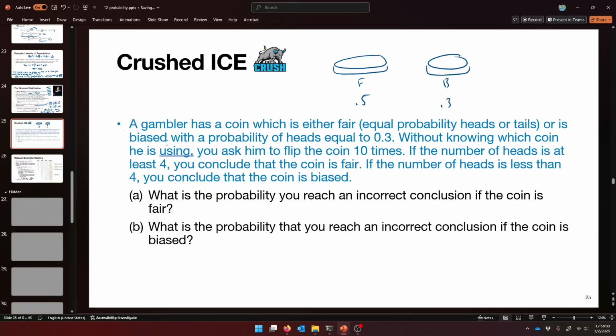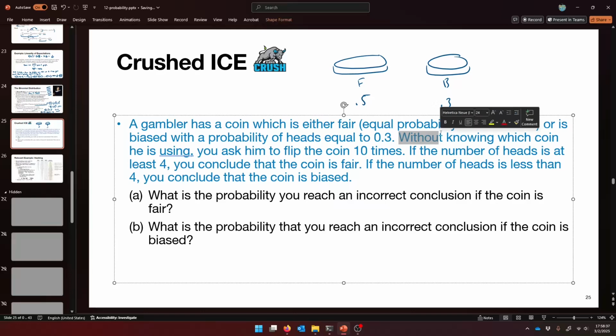You're not sure which one he's holding. They look the same. So without knowing which coin he's using, you tell him, flip the coin 10 times, and I'll make a bet as to which coin I think you have in your hand, either the fair one or the biased one.